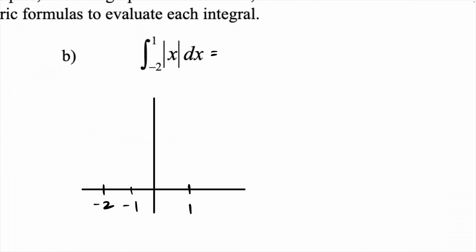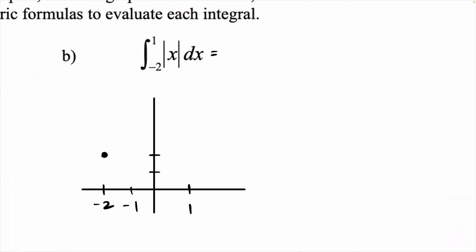Draw a picture. At -2, where would the y be? When x is -2, what is y? 2. +2, because it's absolute value, right? Absolute value means distance from 0. So if x is at -2, how far away am I from 0? You're 2. So make a dot. When x is -1, what is y? 1, right?